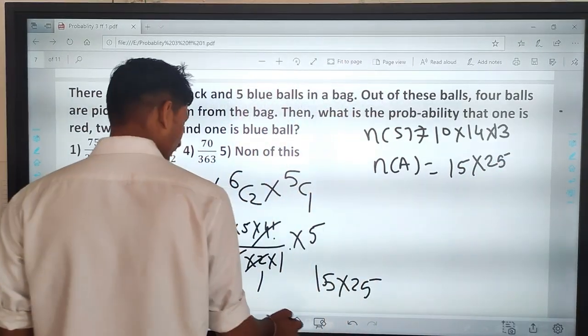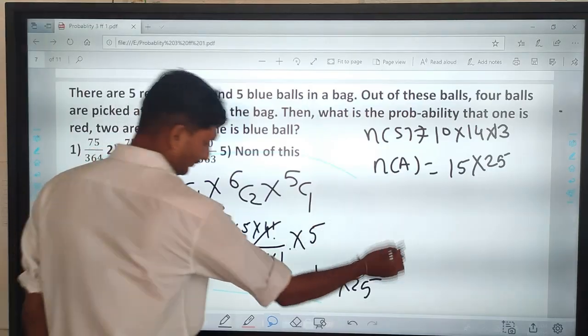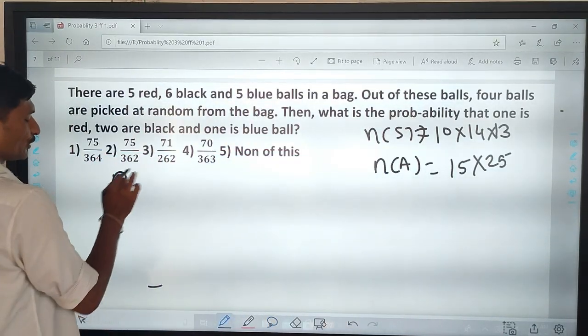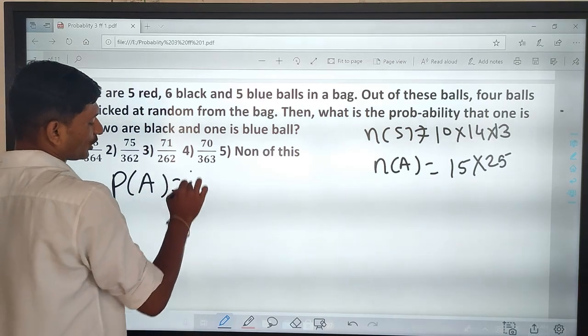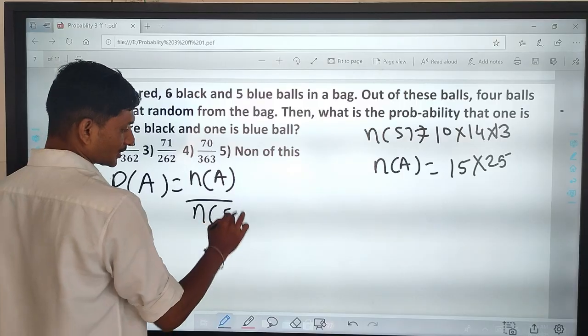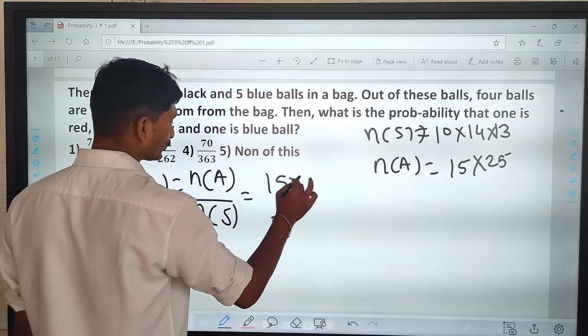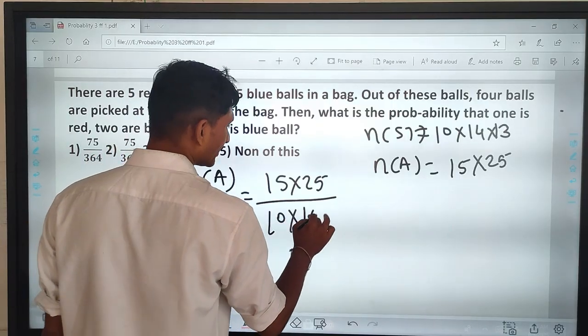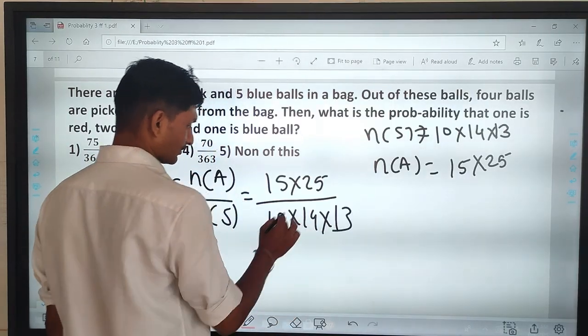Now we find the probability P of A. P of A is equal to n of A divided by n of S. Then n of A is equal to 15 into 25, and n of S is equal to 10 into 14 into 13.